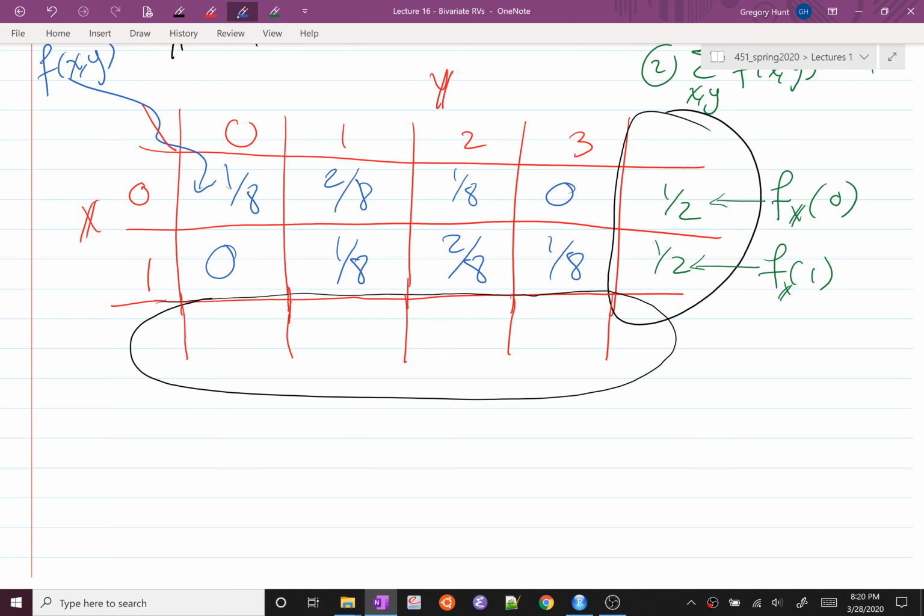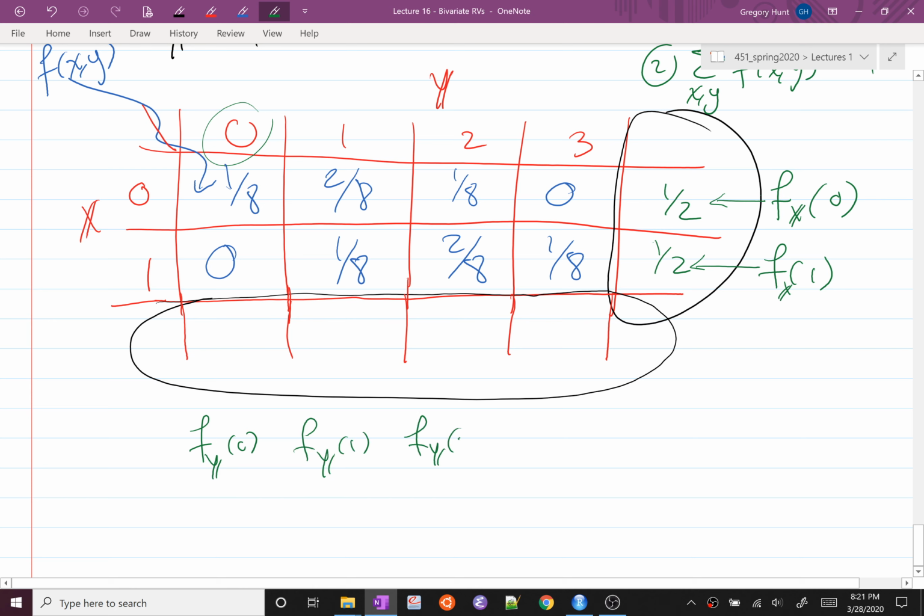And if I want now the marginal for y, I'm going to write them in these spots here, right? f_Y(0), that corresponds to this, f_Y(1), f_Y(2), f_Y(3). What I do is I fix y, say fix y at 0, and I sum over this.